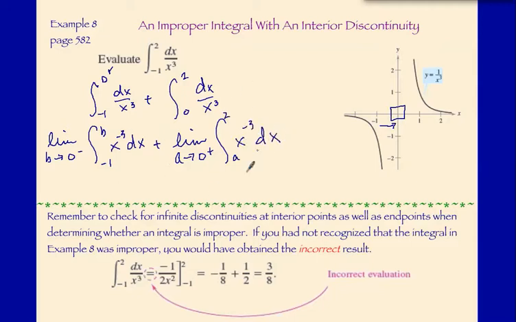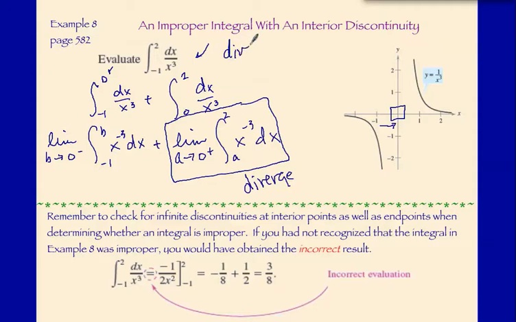Now you can integrate this and plug in numbers, but since we saw in our last example that this diverged, we know that the entire integral here diverges. So I'm not going to go any further, only because we found in the previous result that this piece diverges, and remember what it said: if either of the improper integrals diverges, then the entire integral diverges.